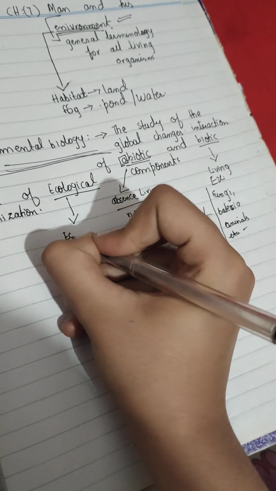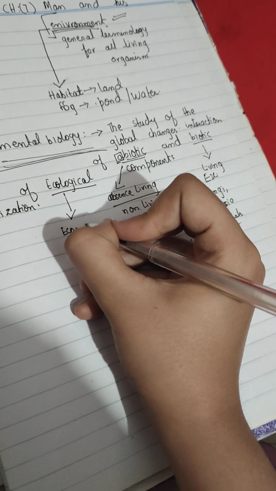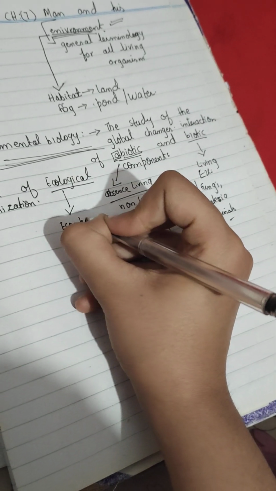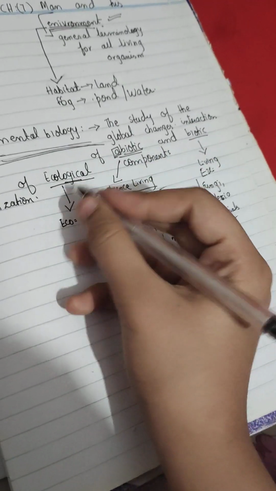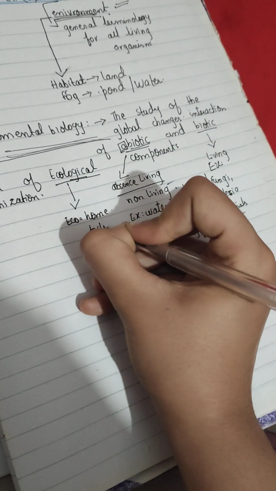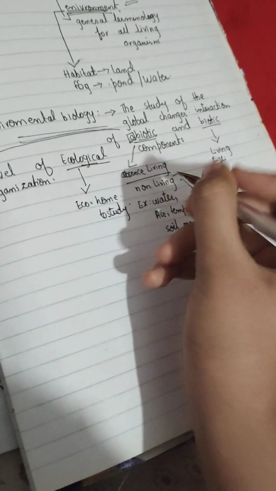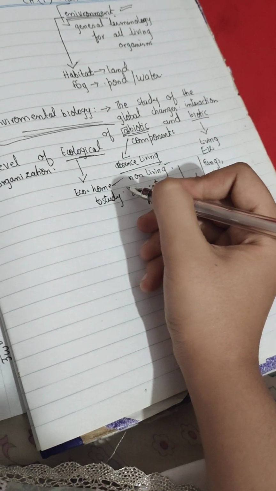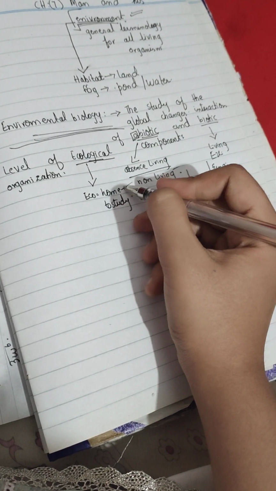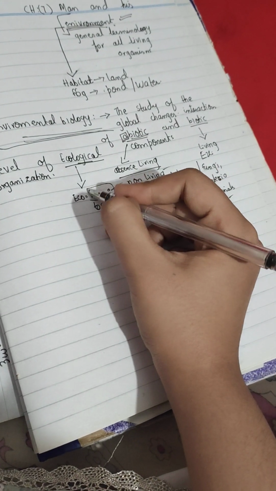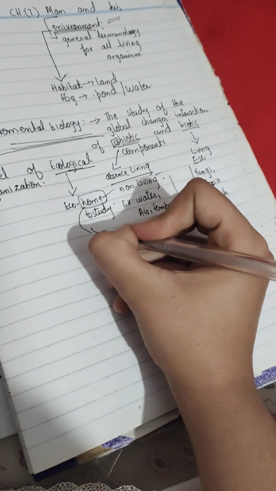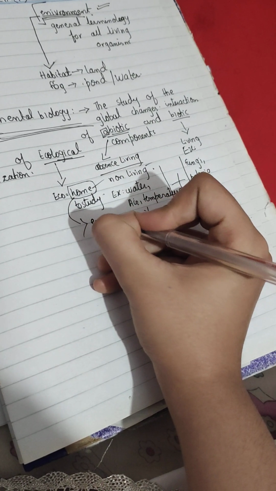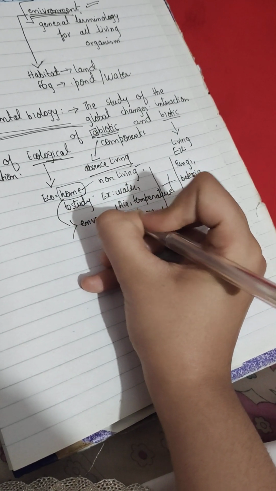Eco means home, a Latin word, and of course logy or logos means to study. So ecology basically defines the home, and this home doesn't mean your house and kitchen. In terms of biology, it means environment.